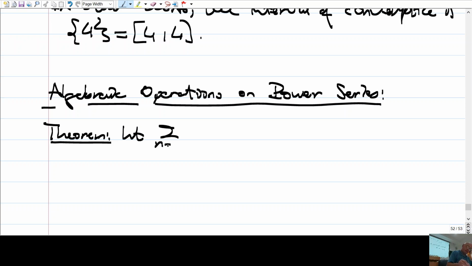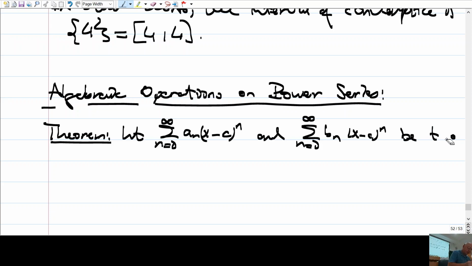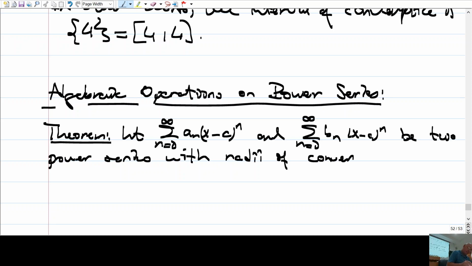So let the sum of a_n (x minus c)^n, and let me write it this way, the sum of b_n (x minus c)^n, be two power series with radii of convergence R_A and R_B respectively.